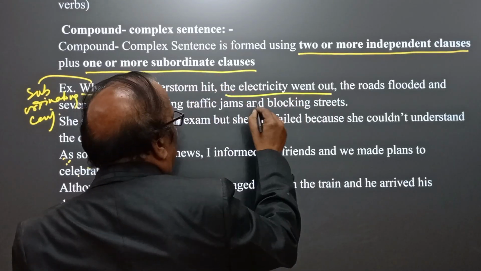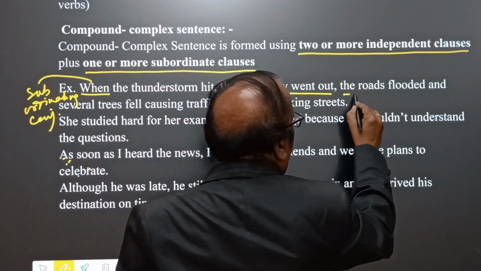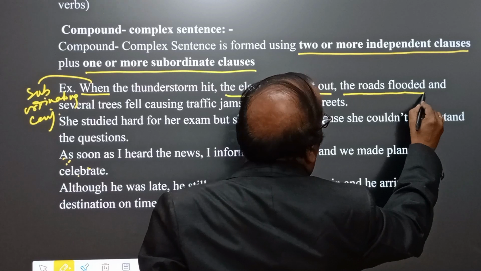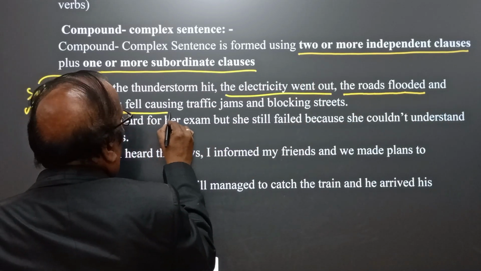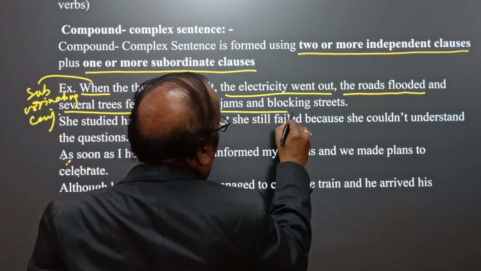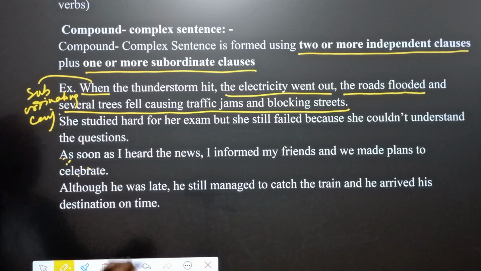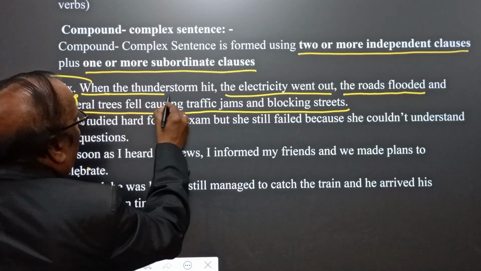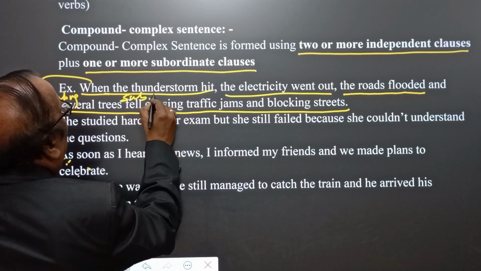Thunderstorm hit, past tense, and the electricity went out, the roads flooded, and several trees fell, causing traffic jams and blocking streets. Here we find when the thunderstorm hit is the subordinate clause.